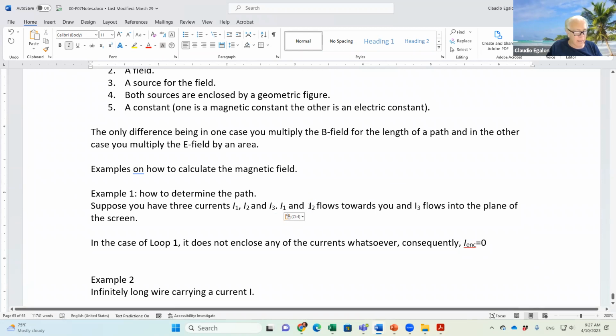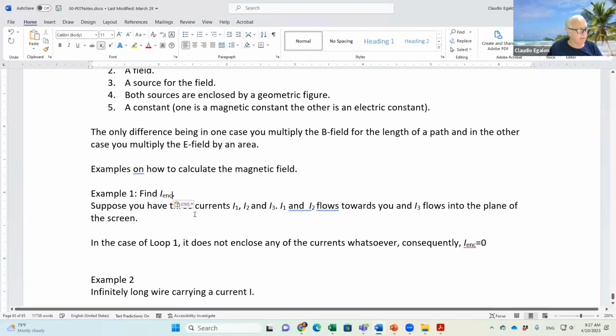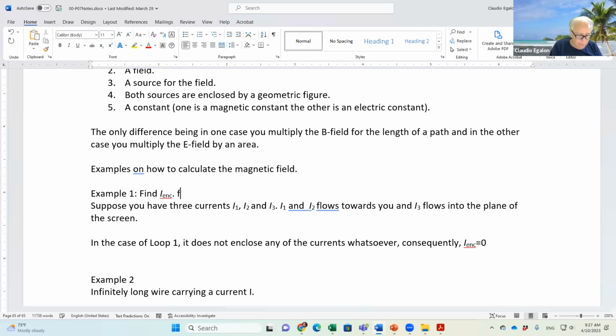Okay, find I enclosed. That would be better. Find I enclosed for different loops.